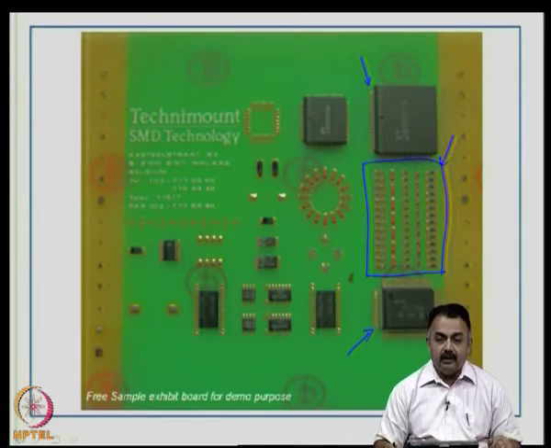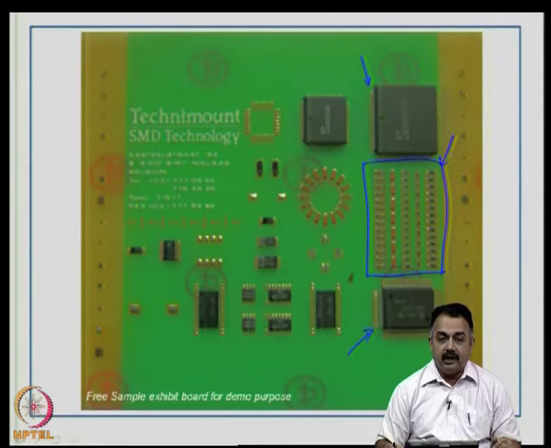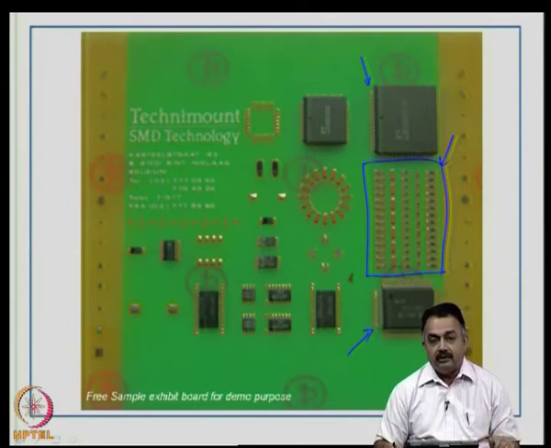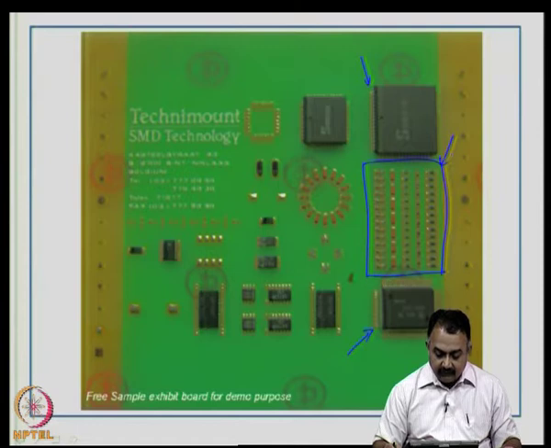But if you want to do it in large volumes, then you have to depend on the EMS services, because they can increase the throughput and also reduce the cost. So, this picture is basically arrangement of various surface mount devices.